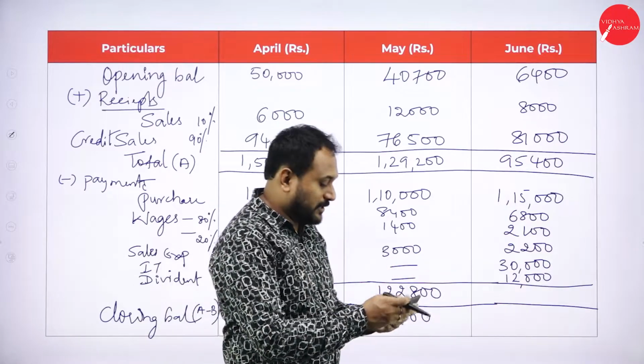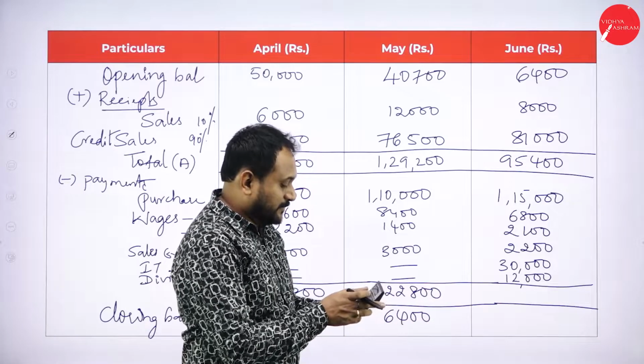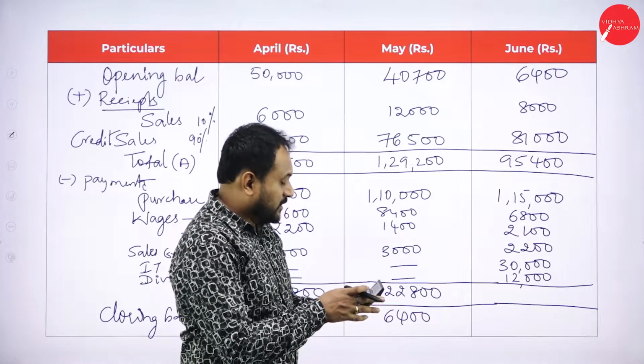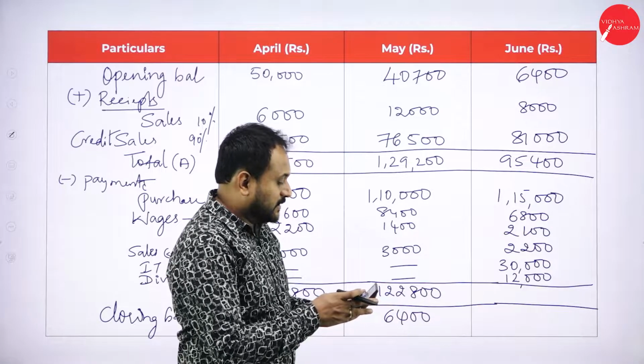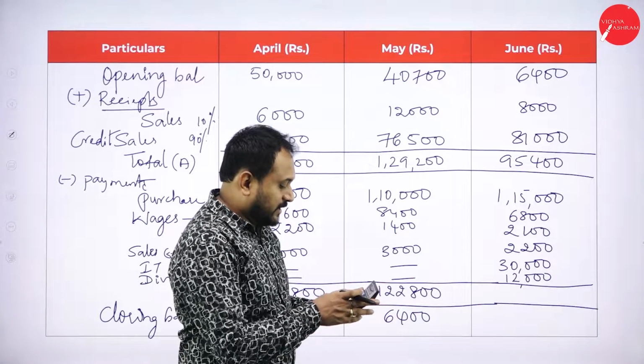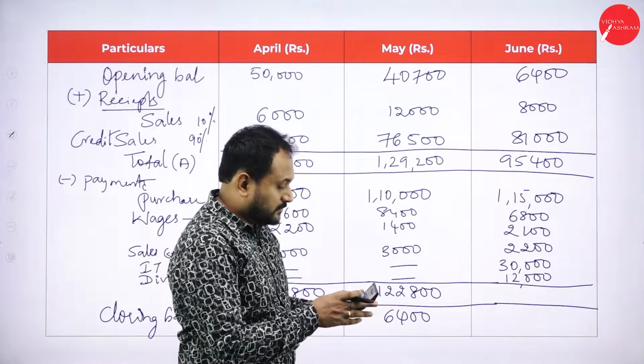Let's check the closing balance here. 1,15,000 plus 6,800 plus 2,100 plus 2,200 plus 30,000 plus 12,000.